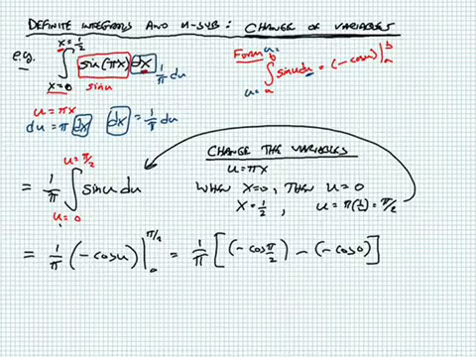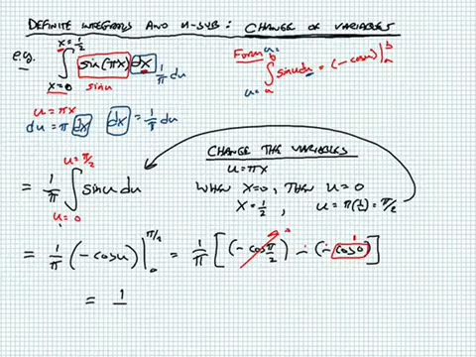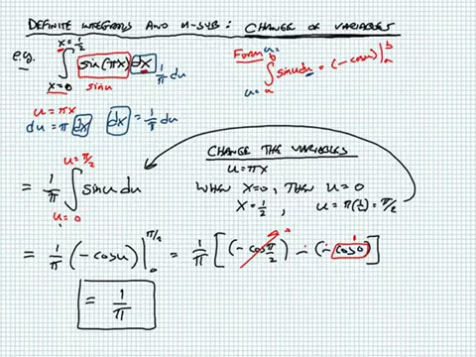Okay, so I know that cosine of pi over 2 is 0, and cosine of 0 is 1, so I've got minus 1, so that's a positive 1. So this definite integral is equal to just 1 over pi. And that represents the area bound by this function, the x-axis, and the interval a to b.